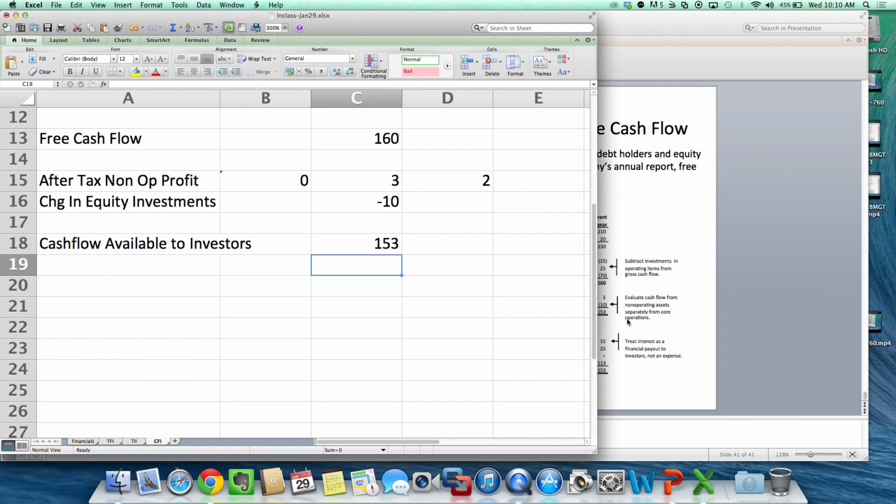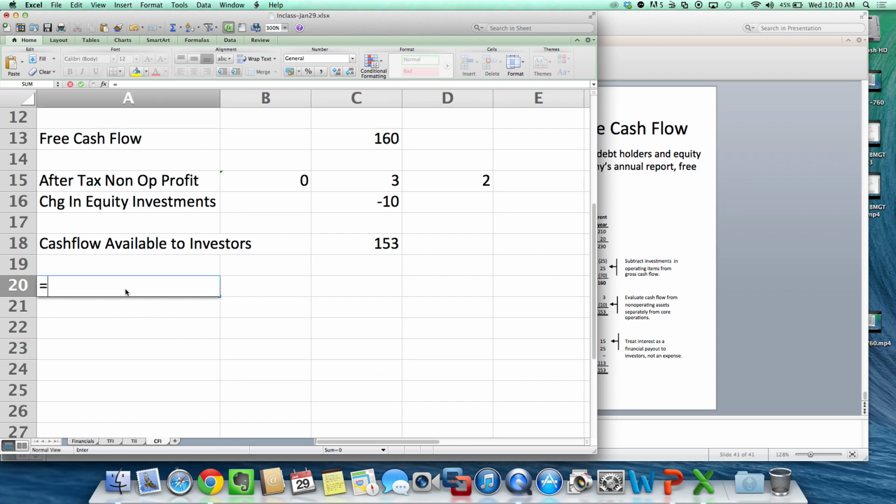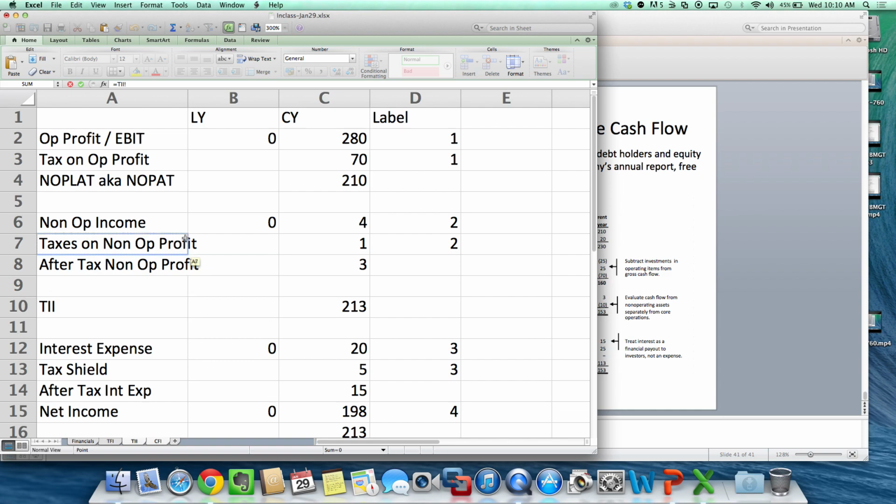Now, that's going to match the financing flows. I have 153 to pay out, just like on TII. I should have 153 of cash that's going out to my investors. So, debt equals, from TII, my after-tax interest expense.